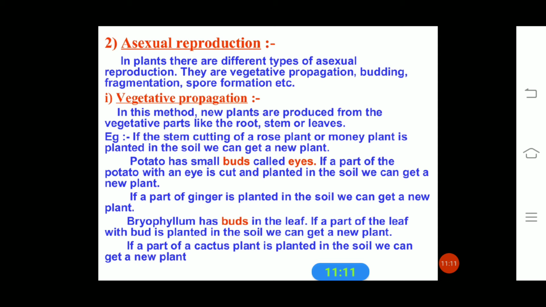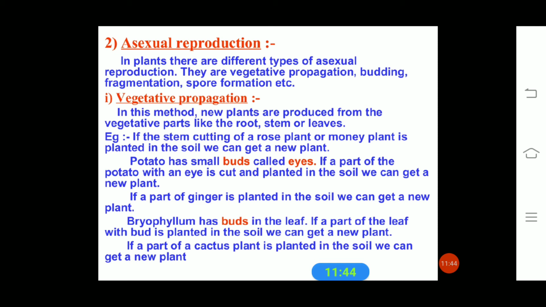So students, that is how a plant can be reproduced by the vegetative parts: leaves, stem and root. By the root we can get a new plant, by cutting a stem and planting it in the soil we get a new plant, and also through leaves, for which the example is bryophyllum.